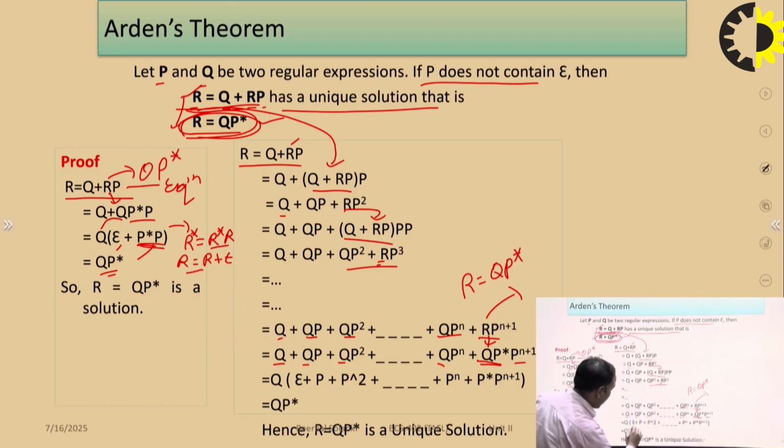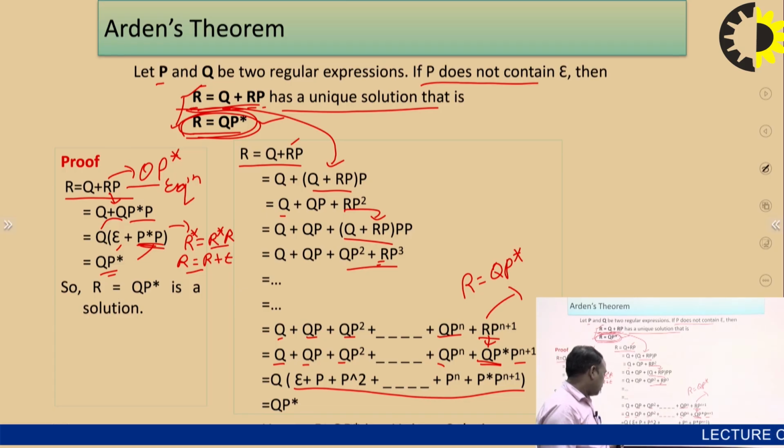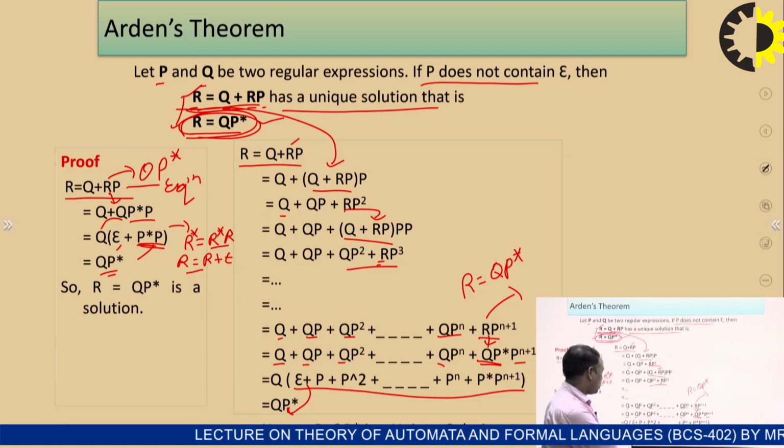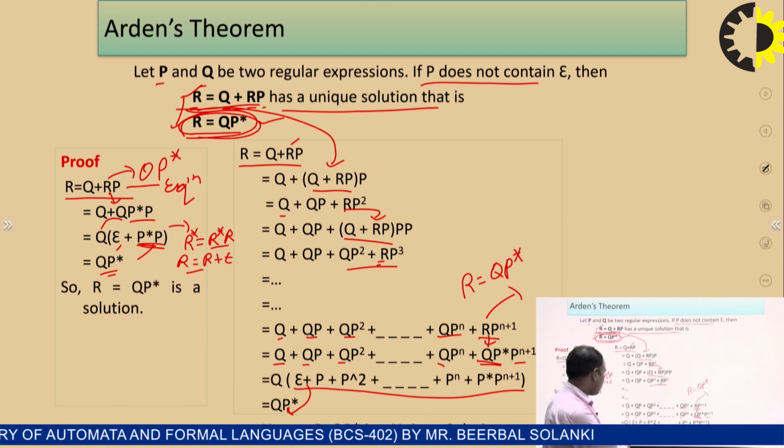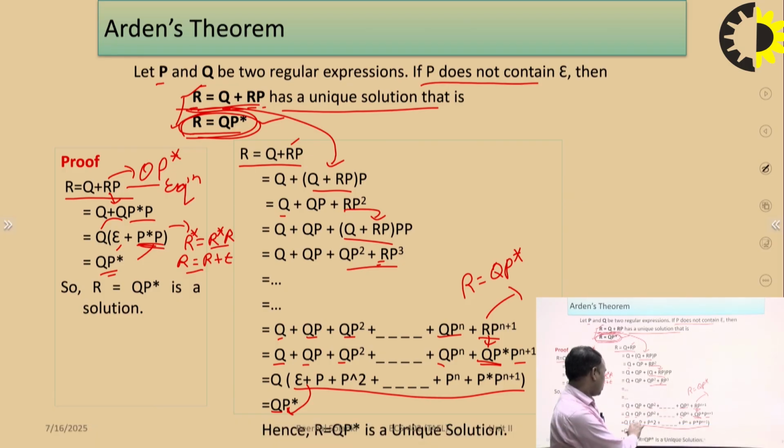Now it can be written as P*, the closure of P. So Q concatenated with P*. Here R = QP* is a unique solution for that.